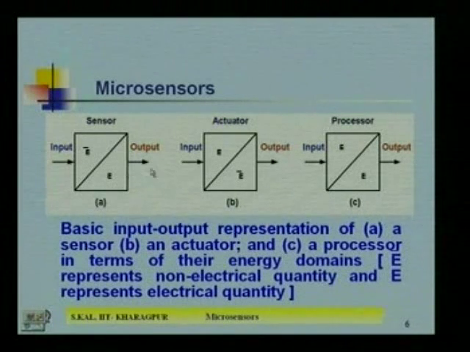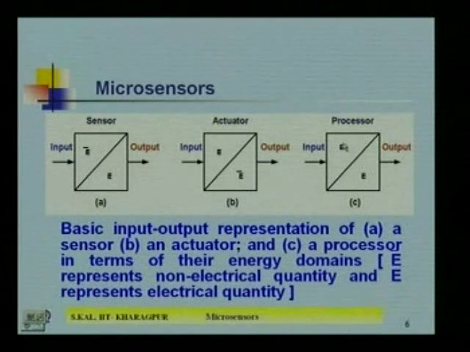Then another block is the actuator. The actuator input is electrical, and the output may be non-electrical. Non-electrical means it may be mechanical energy, acoustical energy, optical energy, or magnetic energy. But the input is electrical. The other one, C here, is the processor block.